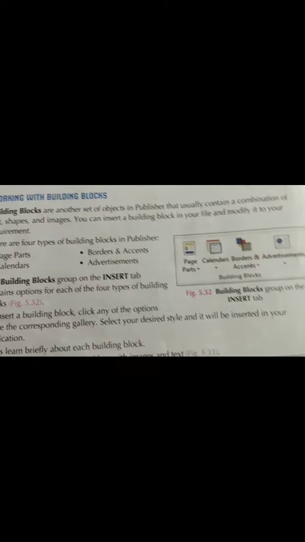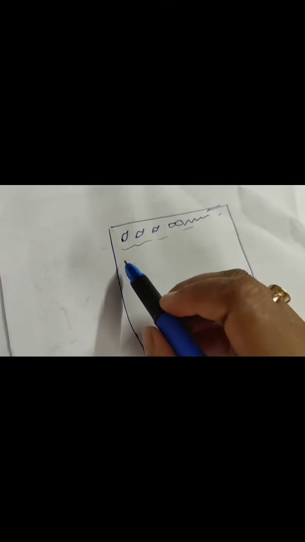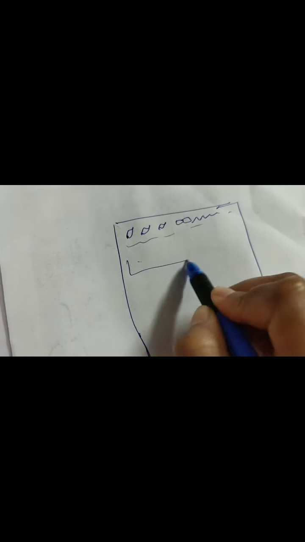Okay, now here I will show you. This is a document you will create. Now what you can do, you can give a border here. Any border you can give. Then you can add text here.